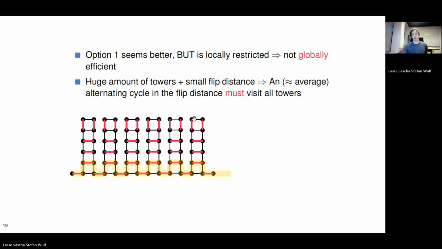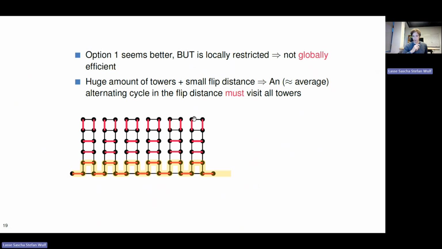And at the end, you will end up at the target configuration. On first sight, it looks like option 1 seems clearly better. But the clever idea of Nöbel and Steiner is that option 1 is locally restricted. So it means it will help only for this one tower. It will not be globally efficient.